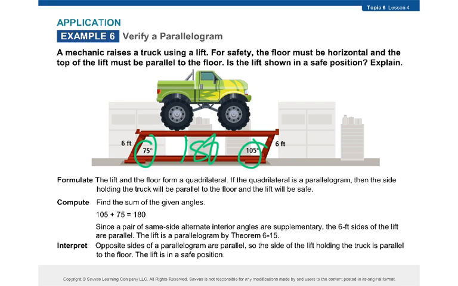Yes, it does. Therefore, the two sides are parallel, which is true because it shows 6 feet here and 6 feet here as well. It follows that the side of the lift holding the truck is parallel to the floor and the lift is in a safe position. So this is a parallelogram.